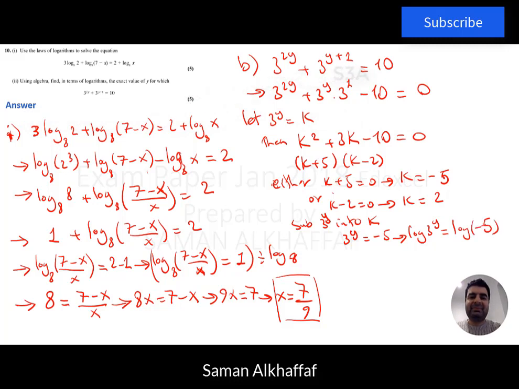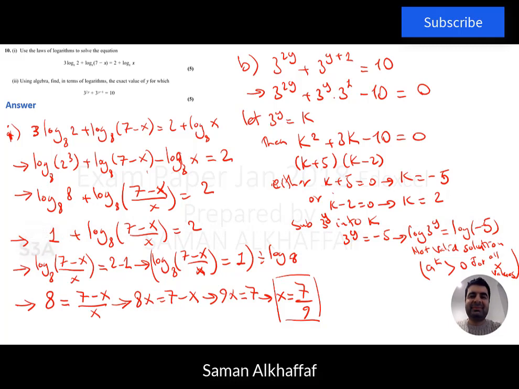Because it's a negative, this is not a valid solution, as a to the k is bigger than 0 for all values. So that will be for the first value.